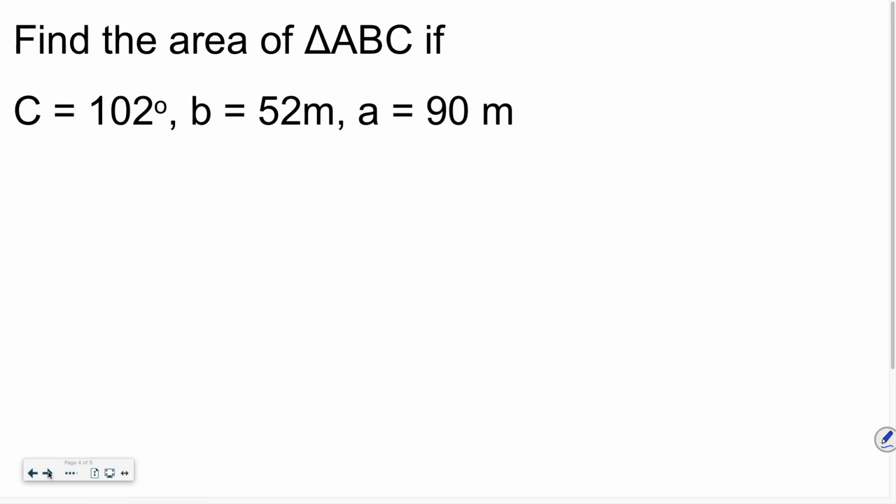Okay, so here again, it would be a good idea to draw a picture to make sure which information you have.